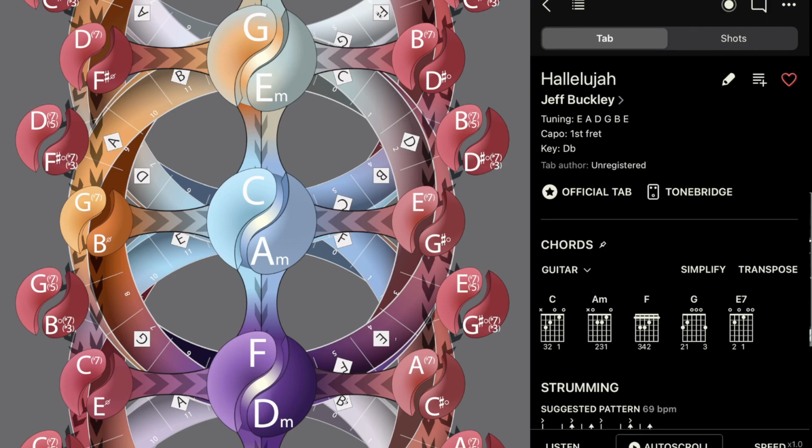Got our key of C, so we should expect to see C major, A minor, right? Go to the motion chord F, go to G, and go to the E7, which of course will lead us back to the A minor. So let's give that a shot.